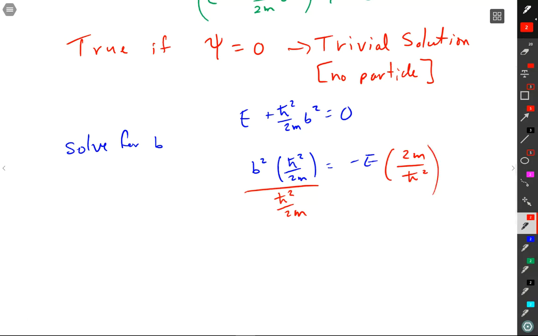That's still divided by the same thing. And so I have b squared equals negative 2mE over h bar squared. So if that's the case, what is b equal to? And we have to be pure mathematicians here.